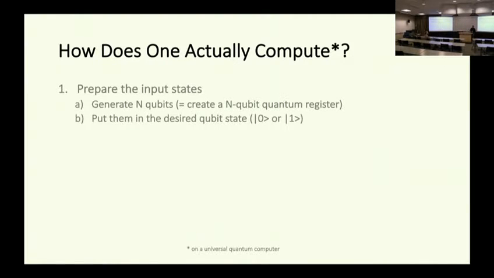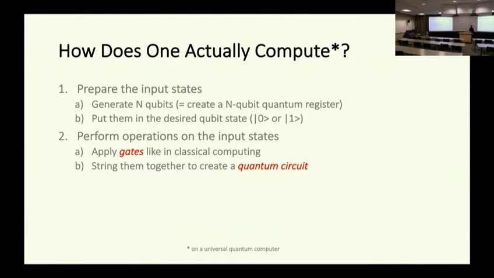So how do you actually do the computation? Again, assuming a universal quantum computer, not the D-Wave quantum annealing, which does optimization, you generate qubits, whatever your hardware, and you create an n-qubit quantum register. It's like classical bits. You put them in desired states and perform operations on them.